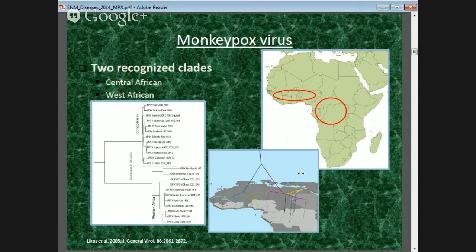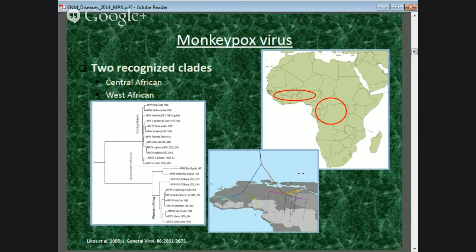One that is basically in West Africa, in all the countries like Liberia, Ivory Coast, Ghana, and Nigeria. And then there's the other clade that comprises all the viruses that have been isolated from Cameroon, Gabon, and mainly in the Democratic Republic of Congo, DRC, where this disease is causing disease in humans.